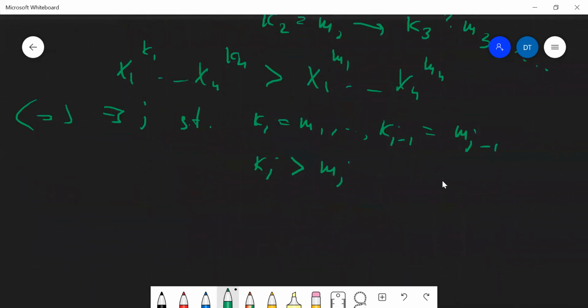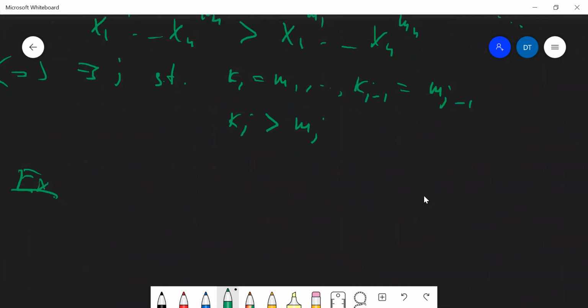And as an example, let's say polynomials with rational coefficients in three variables, x, y, and z. Then there are 6 possible orderings of the variables. For example, x strictly larger than y strictly larger than z.